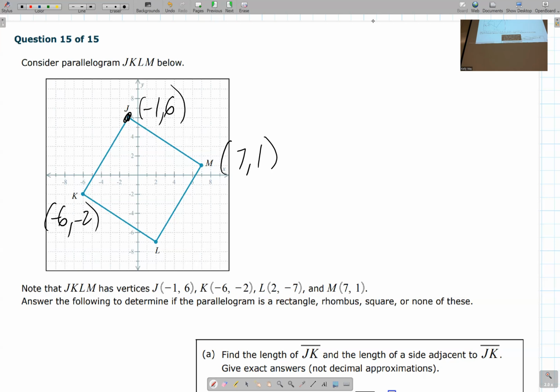Square, 90 times 4 equals 360. Triangle. Equilateral triangle, 60 times 6 equals 360. There you go.